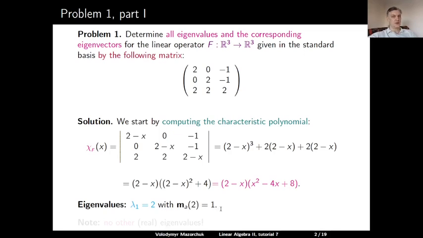So we have only one real eigenvalue. Note that if we had worked over the complex numbers, we would have two more complex eigenvalues. But we work over the real numbers, so we have only one real eigenvalue.